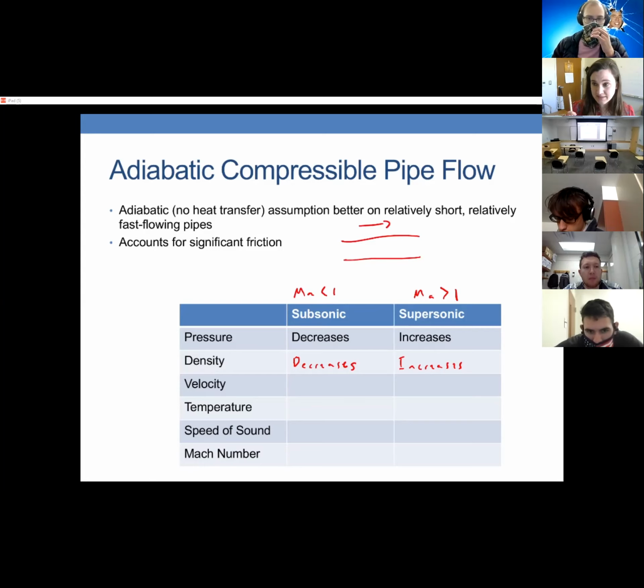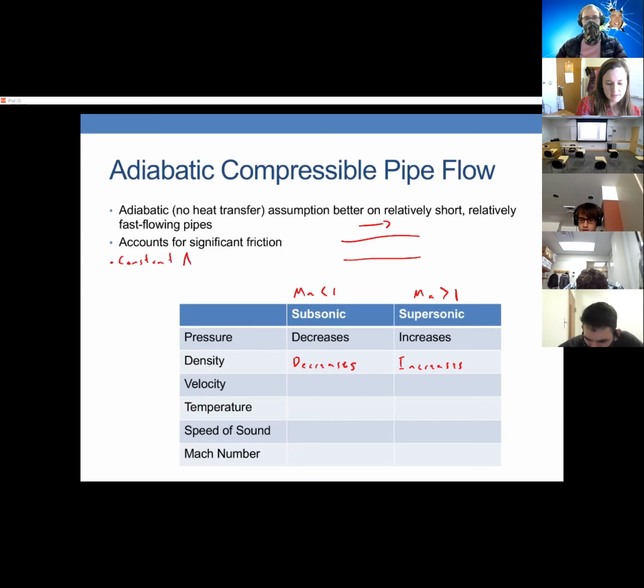Okay, I get a lot of increases. Yes, because if the density decreases and the mass flow rate has to stay the same, which we know it does, and the area here is constant, this is constant area. Then the only way to keep the mass flow rate constant is if velocity increases.